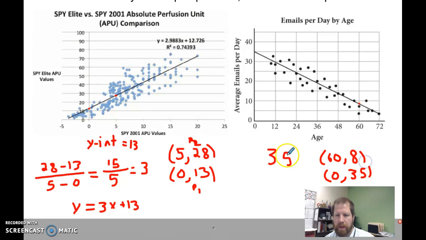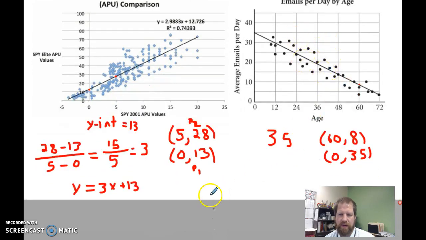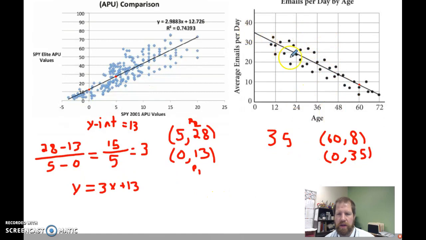Just looking at this graph, I know that my slope is going to be negative. But I'll still set it up. We'll do point 2 and point 1. So y2 is 8 minus 35, and x2 is 60 minus 0.